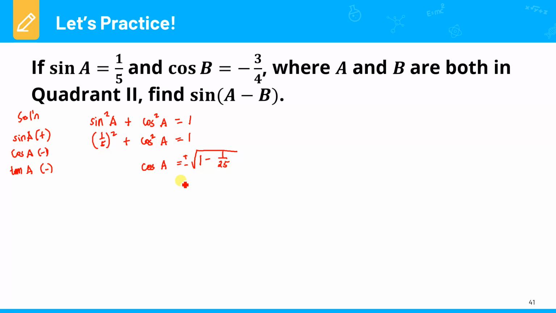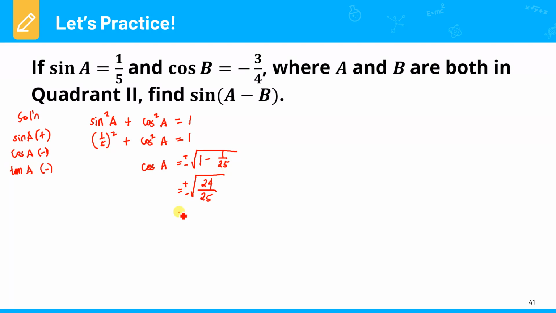So simplify: since you have 1 minus 1 over 25, the 1 here can be substituted by 25 over 25. So 25 minus 1 is equal to 24, so you have 24 over 25 under the plus or minus square root.